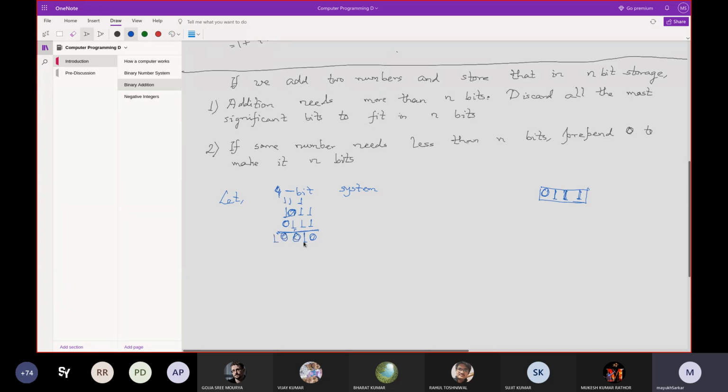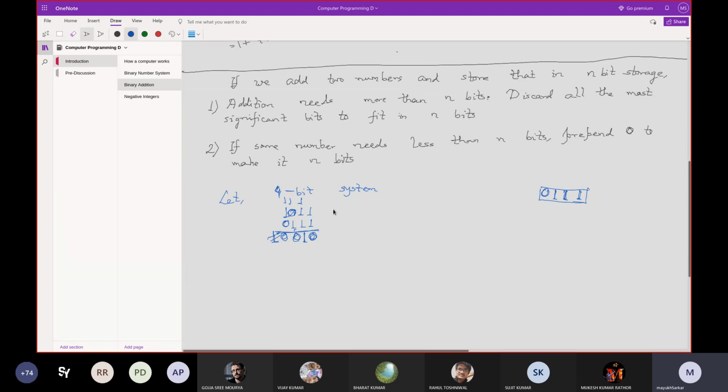Now 10010 is the natural, correct result. But as we are trying to fit it in a 4-bit system, obviously this will not fit. Some information will get lost, and we have to remove the leftmost bits in the computer system. This is the most significant bit.